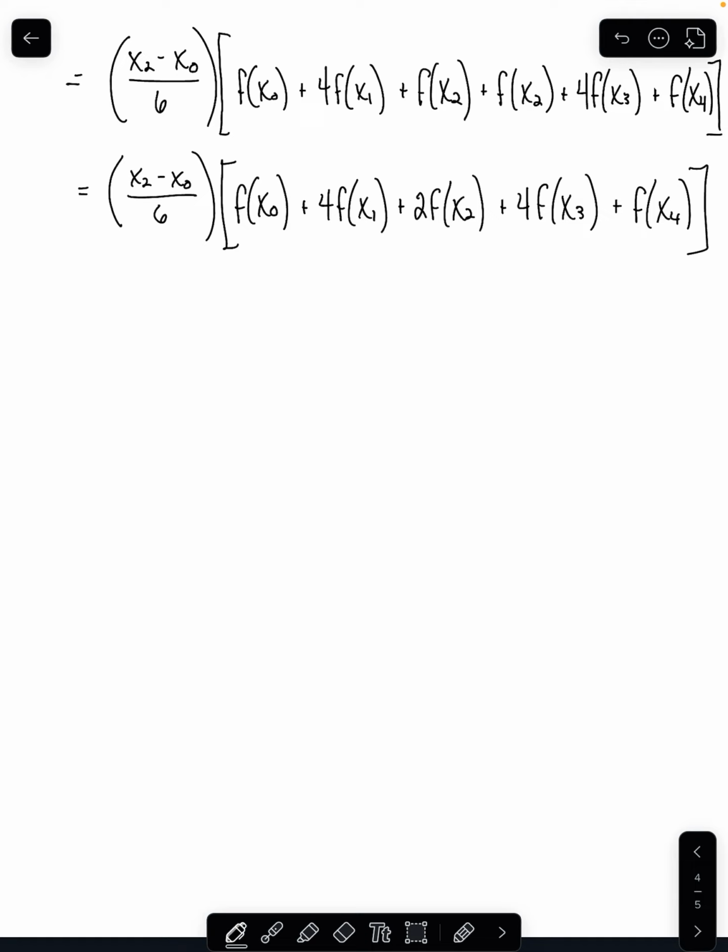Now, to give this in a much more generic form, this is known as Simpson's rule, named after the English mathematician Thomas Simpson, who developed this procedure in the mid 1700s. As always, we need our function to be continuous on the interval in question.